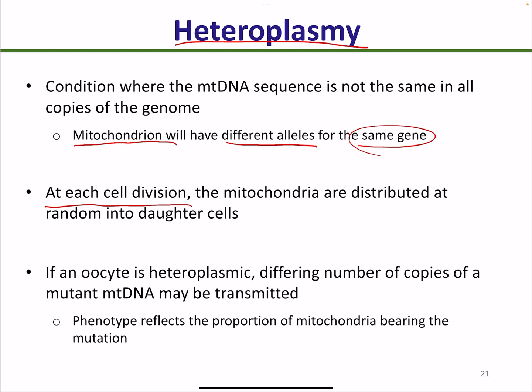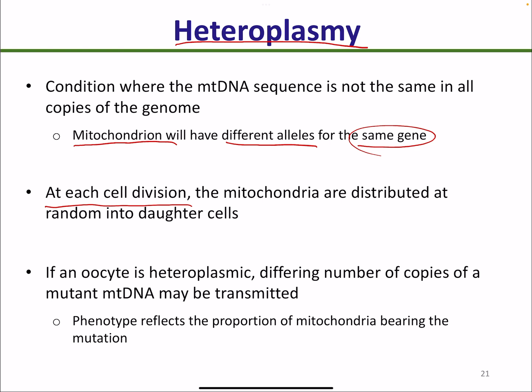So daughter cells can inherit different amounts of mitochondria and therefore exhibit not only a different genotype but also a different phenotype, right?